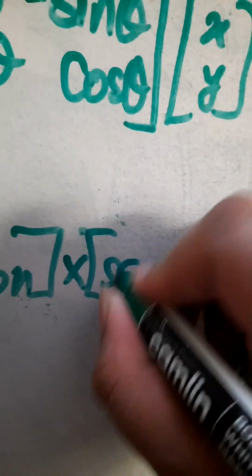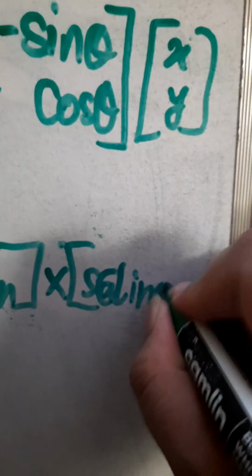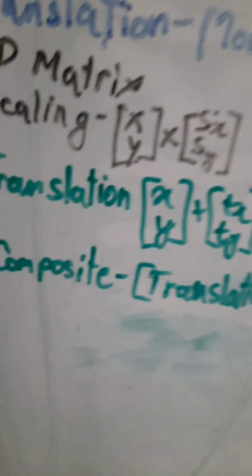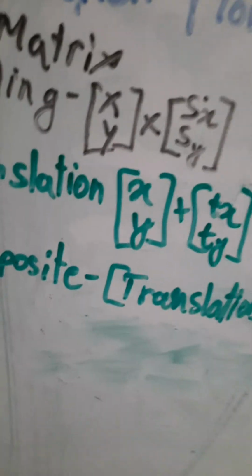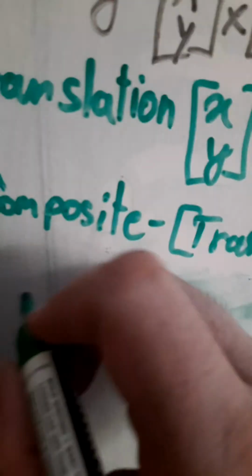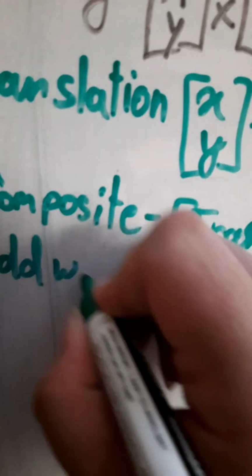But here you can't do that because my GPU would go crazy on this operation, because this is an addition operation which most graphic cards can't do. So what we do here is just add a dimension, add the w dimension.